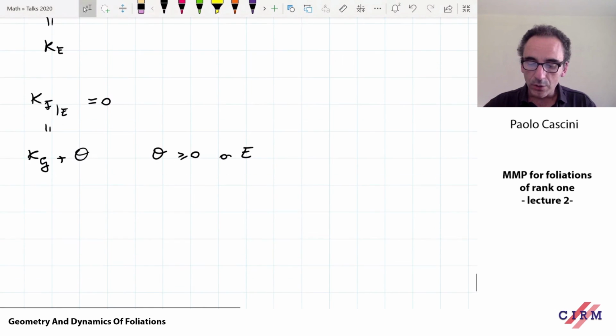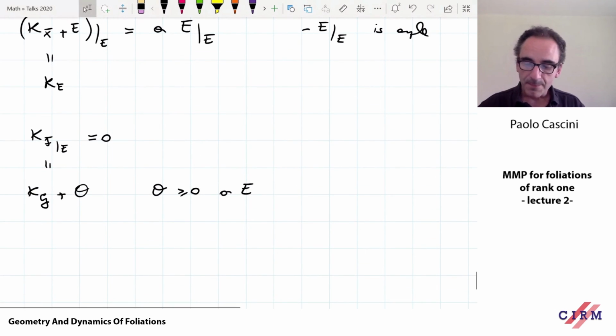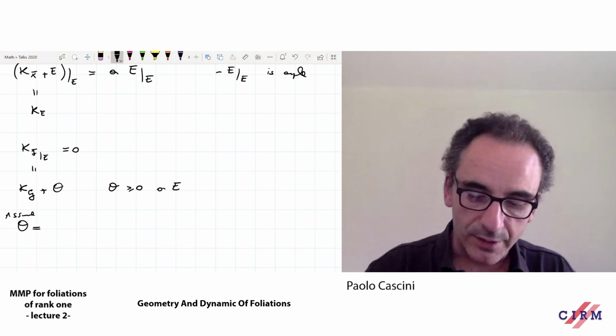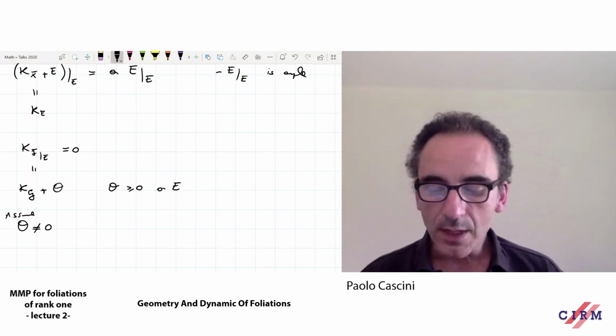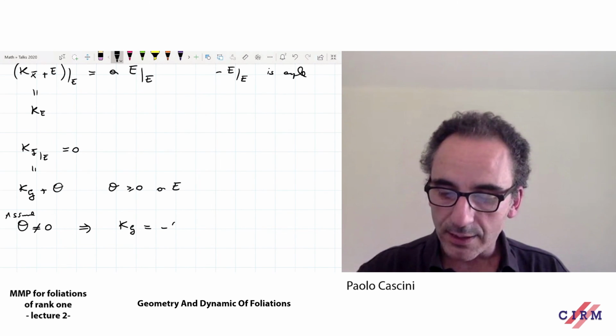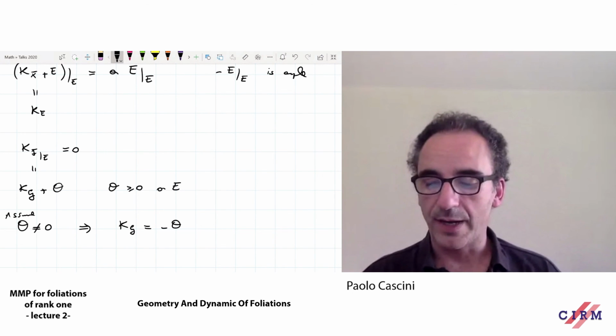Okay, so let me assume for simplicity that theta is non-zero. If not, this proof is not very different. So this implies in particular that K G is equal to minus theta, which means that K G cannot be pseudo-effective.